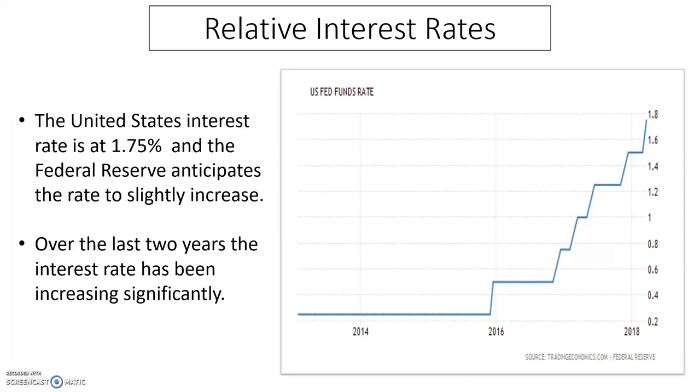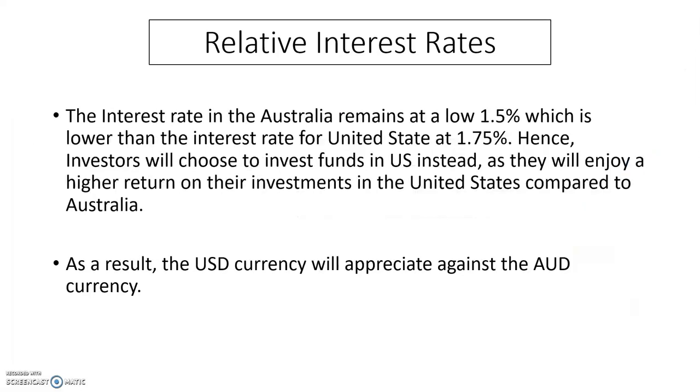Over the last 2 years, the interest rate has been increasing significantly. The interest rate of Australia remains at a low 1.5%, which is lower than the interest rate of the United States at 1.75%.